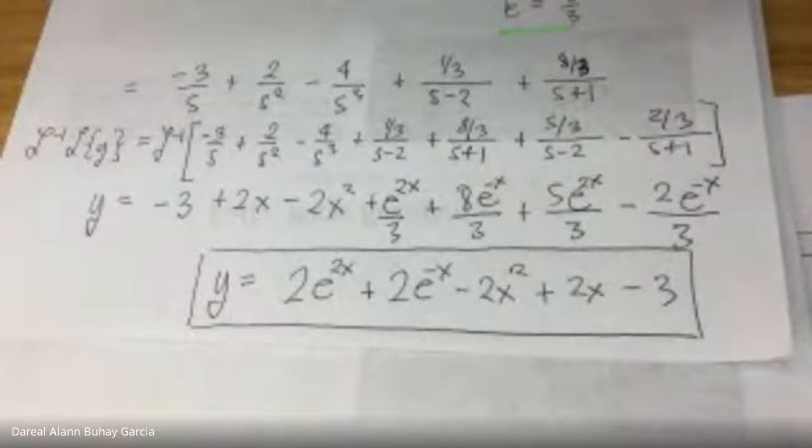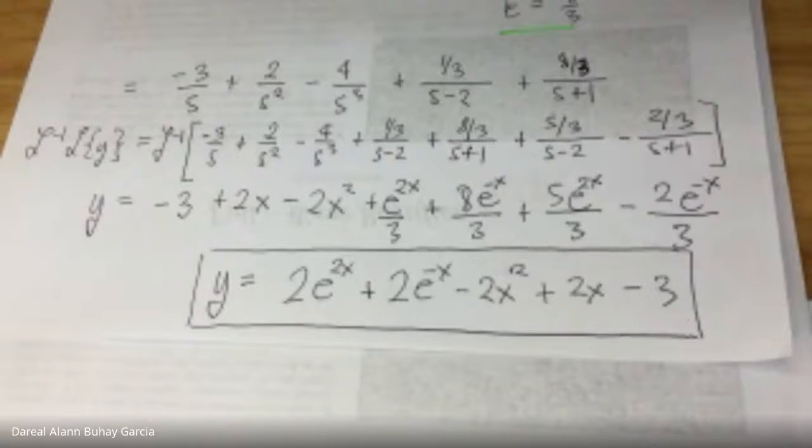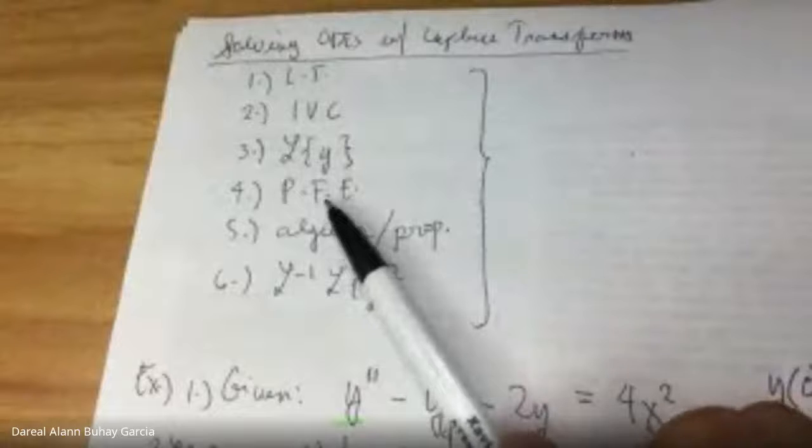Questions? Did you miss the process? Let's review, based on our notes earlier. First is find the Laplace transform. Apply the initial values, isolate the Laplace of y, then partial fraction, if applicable, and in our example, it is applicable.